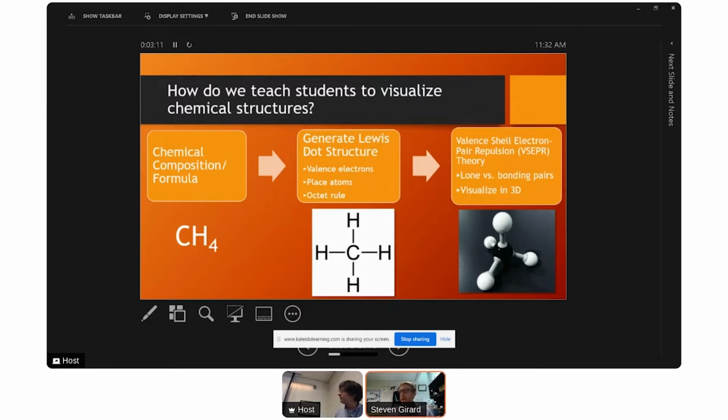My function in the project, aside from the content experience, is for the sake of this presentation also to demonstrate that there is a need for new technologies that are designed to help students learn concepts specifically in chemistry.